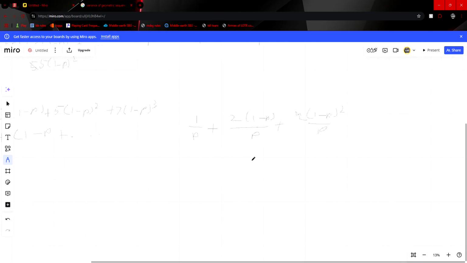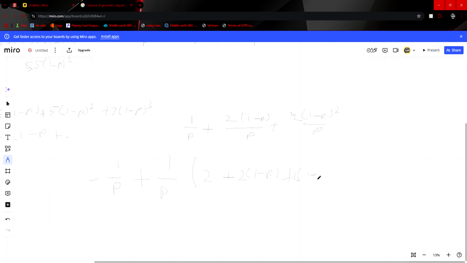So we get this sum now, so I can take out a factor of 1 over p, and then I can also write that as 2 plus 2 (1 minus p). And if I just take out this minus 1 over p, because if I add 1 over p and then subtract 1 over p, so they're all 2, because this one's a 1, it just makes it nicer, I suppose.